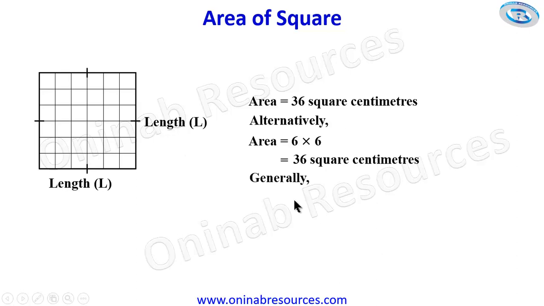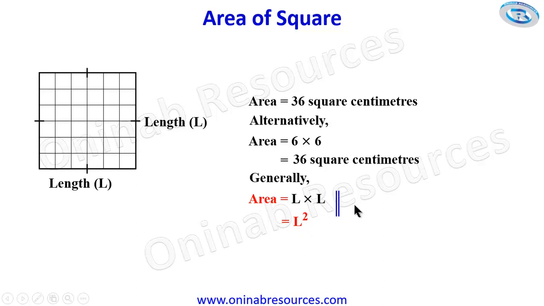So generally we can see that this is length times length. So we have the area now as length times the length. Length times length is also written as L squared. So the formula we are going to be using is area equal to L squared.